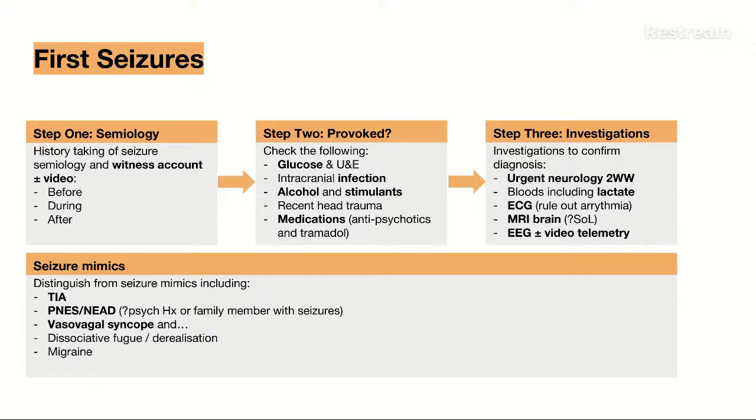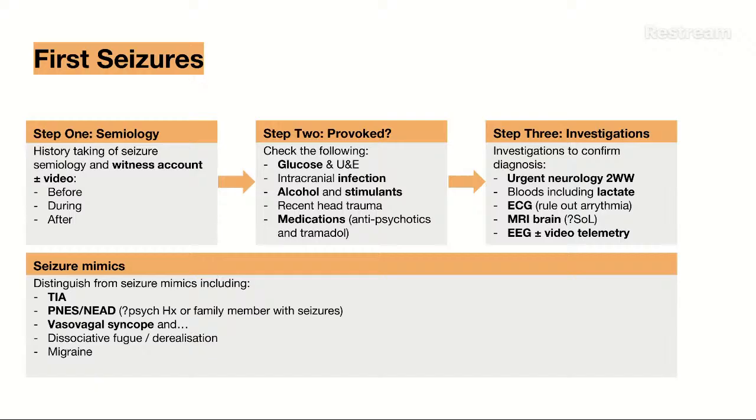A lactate is sometimes done to decide whether this seizure was organic or psychogenic, but it's difficult to differentiate between the two with just a lactate. ECG has to be done for every single seizure, to exclude arrhythmias that might present as a transient loss of consciousness. An MRI brain is used to identify structural pathology like tumors or vascular lesions like arteriovenous malformation.